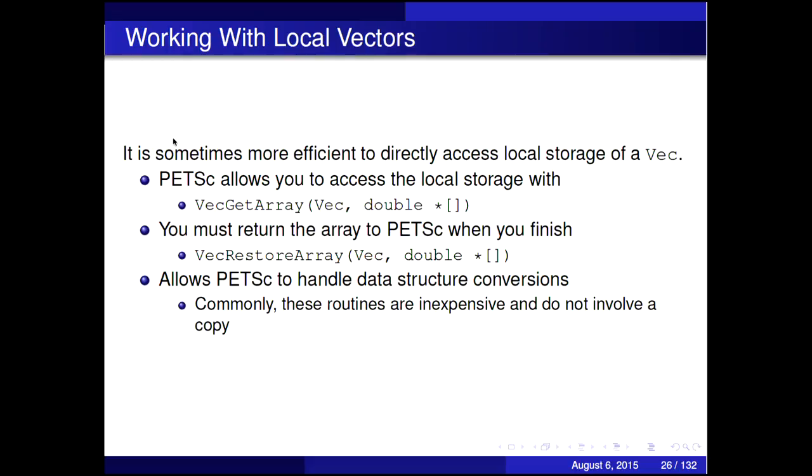When you're finished, you have to call VecRestoreArray, and now you no longer have access to those local values. There's also a VecGetArrayRead, which gives you read access to the local values, but you can't change any values in there. And the reason for this begin and end is because the vector is really a private data structure, and you shouldn't be randomly shoving stuff in there as the code runs.